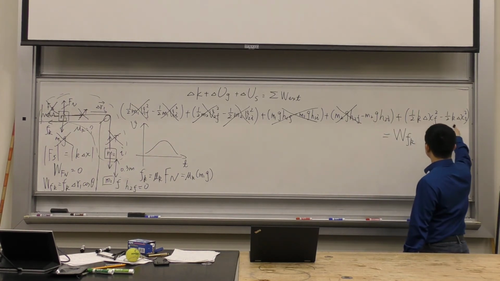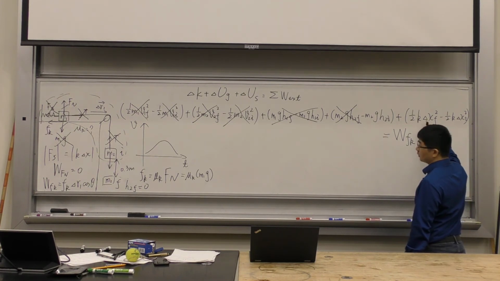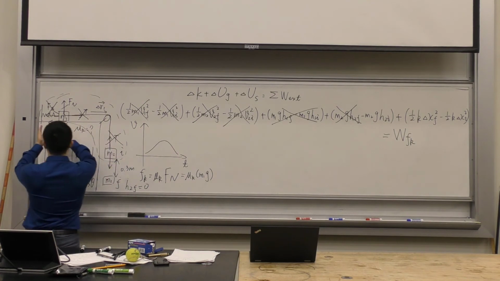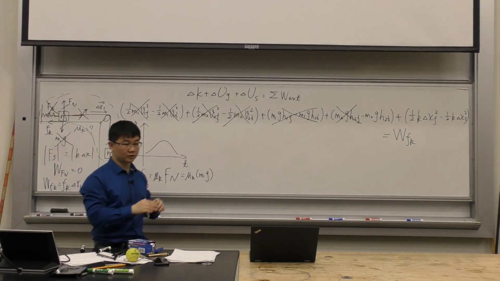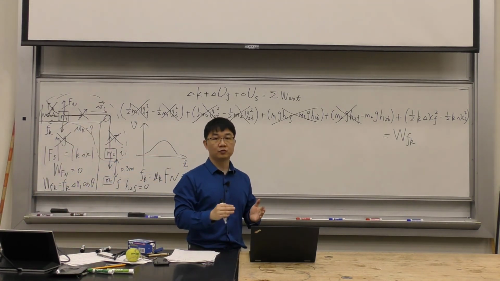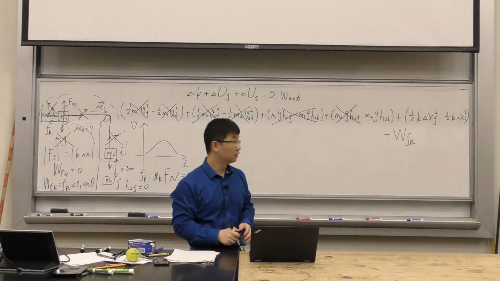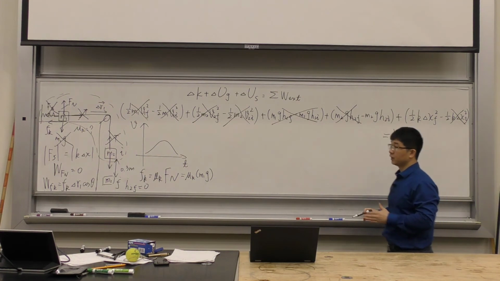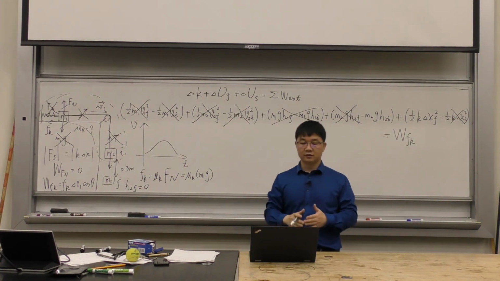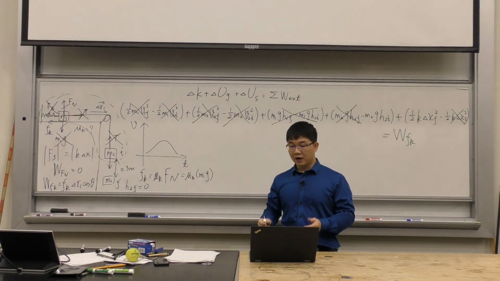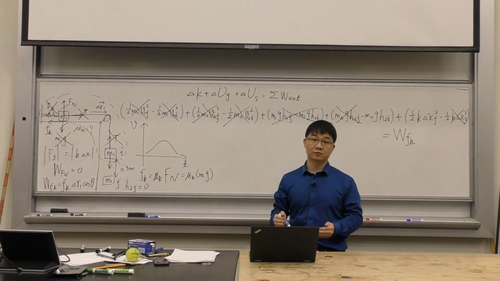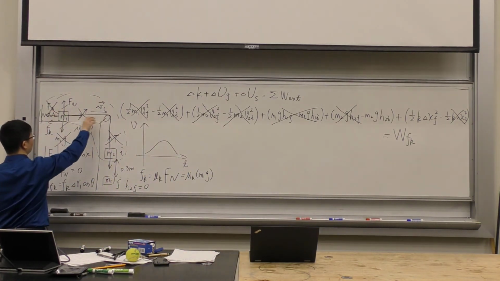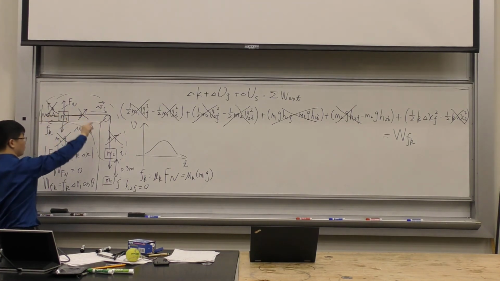Now, what about the spring? What is the initial displacement of the spring? Well, the problem says when the spring is unstretched, M2 is released from rest. So delta xi is 0, because initially it's not stretched or compressed. The final displacement, yes, it will have some final displacement, because when M2 falls, M1 moves to the right and is going to stretch this spring.